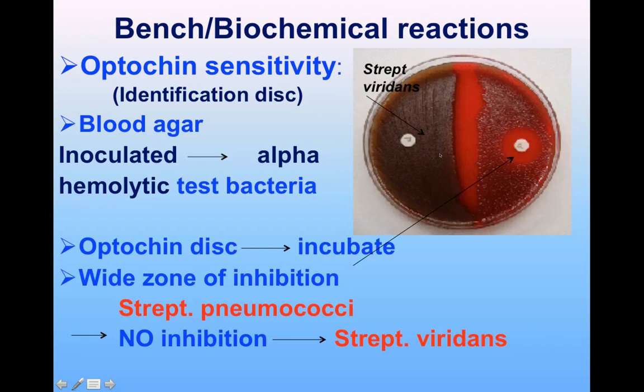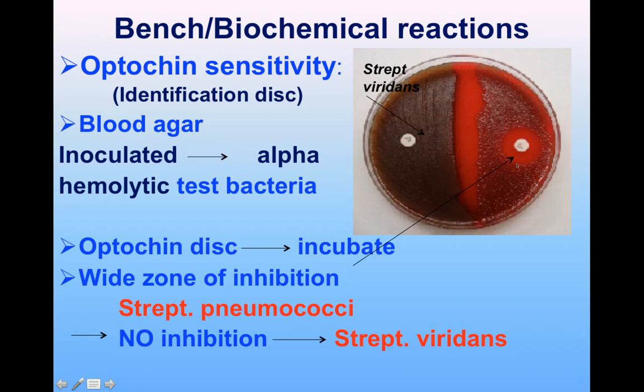So you inoculate it on the blood agar plate, and in the center of the inoculum, you're going to put this identification disc. We have already talked about another identification disc while we were doing Strep pyogenes or group A streptococci, which was the bacitracin disc. So with group A streptococci, we use the bacitracin disc, and for strep pneumoniae, we use the optochin disc.